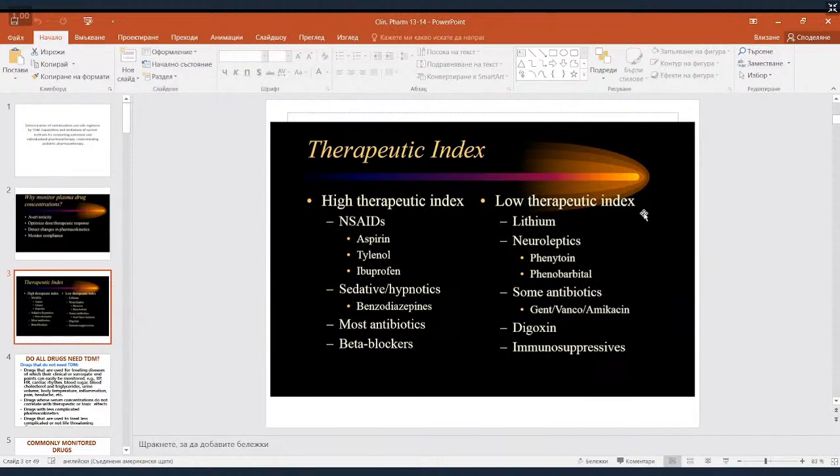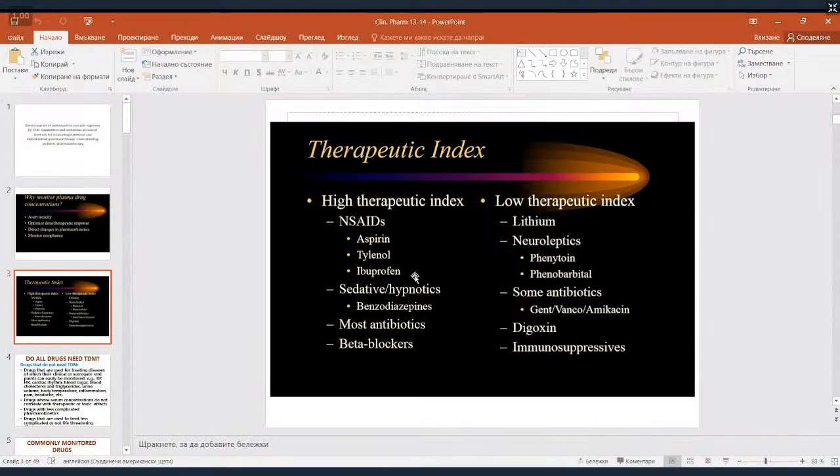So these are the drugs that we need to monitor very closely, because let's say you can take 5 tablets of ibuprofen and probably you won't get any toxic effects.